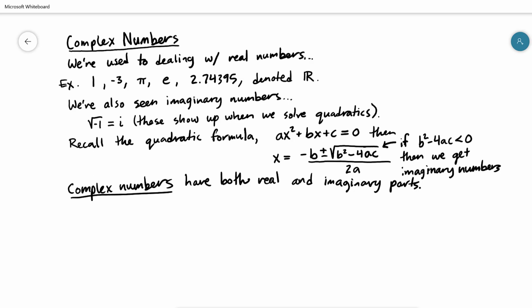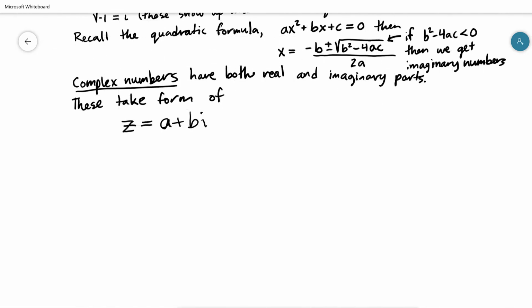So these will take the form, generally speaking, of the following. Often we'll use the letter Z when we're talking about a complex number, and we'll write it as A plus B times I. Just note that the A and the B that I'm using here are different from the A and B over here.